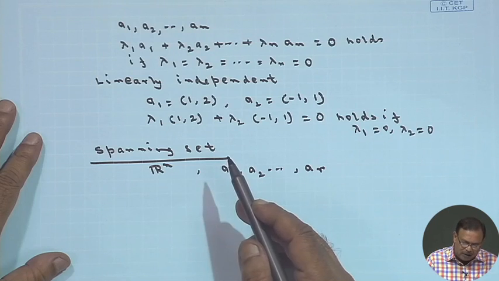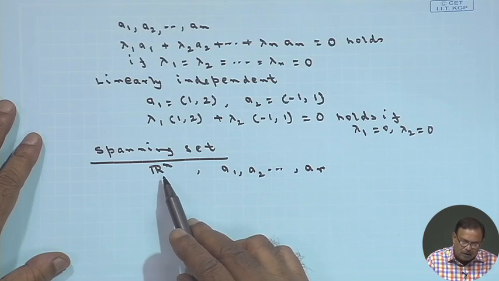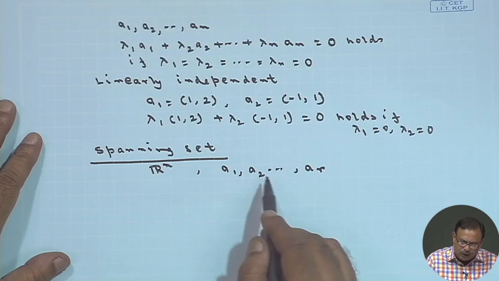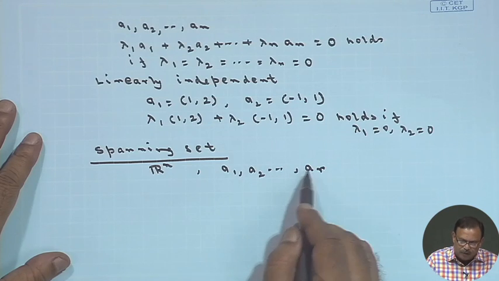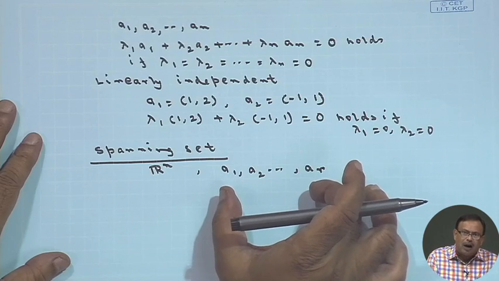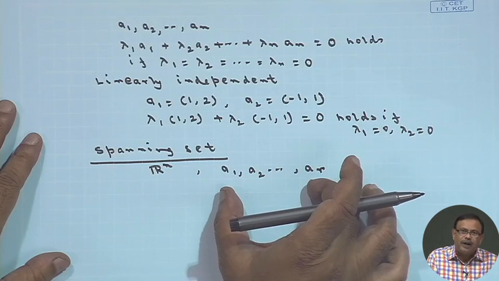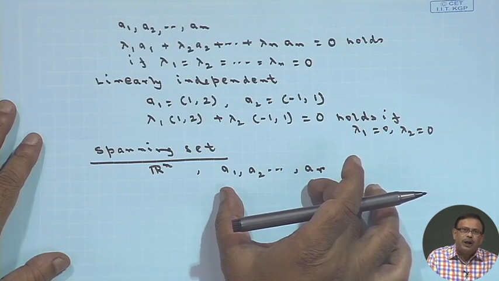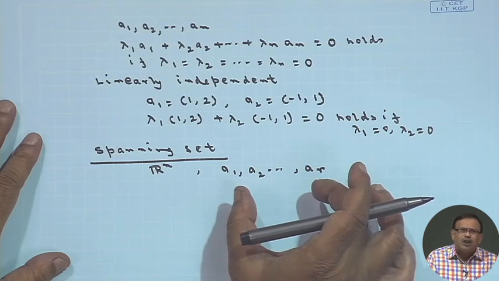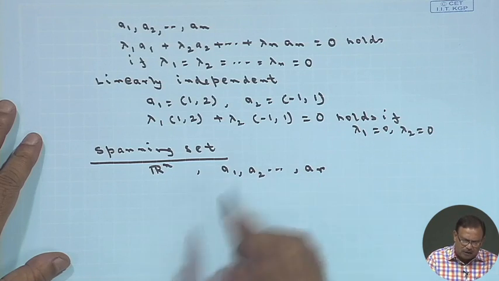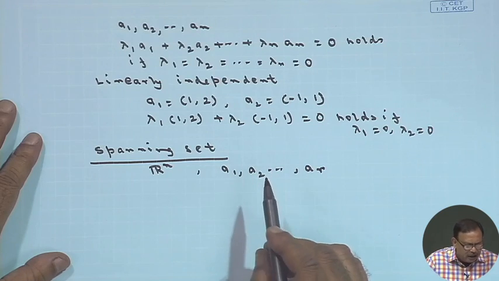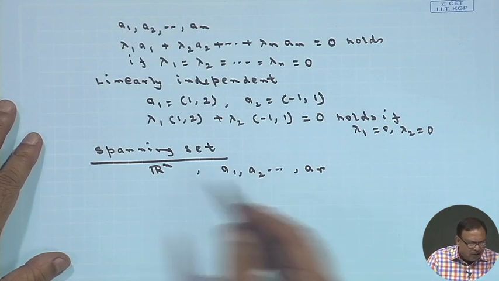In other words, if you take any vector from Rn, it will be a linear combination of a1, a2, ..., ar. Therefore, if in Rn I can find a set of vectors which can generate or span all the vectors of Rn, then we call this set a spanning set.